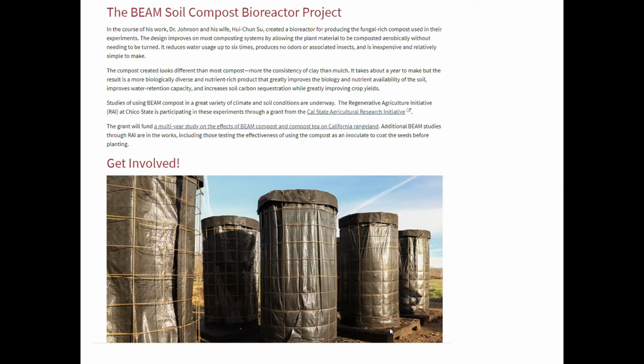You let it compost down over time, and it takes about a year before you get more of a fungal rich compost that can be added back to a field, or used to inoculate seeds. And the claim is that you can increase your yield significantly with this type of extract.